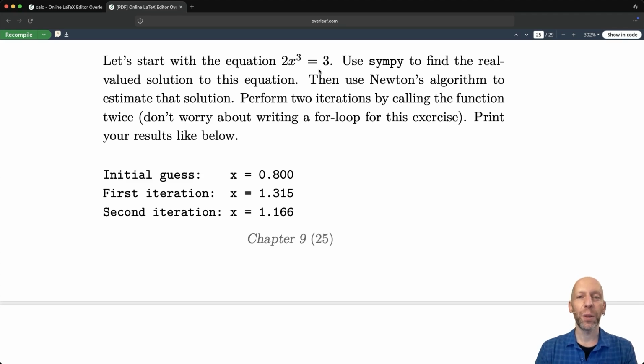So we want to use SymPy to find the real valued solution to this equation. So we want the exact solution, and then you want to use Newton's method to estimate that solution, to approximate the real valued root. So run just 2 iterations by calling the function twice. You don't have to worry about setting up a for loop here. You can just run the function twice.